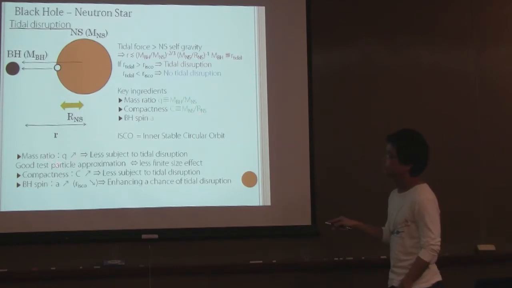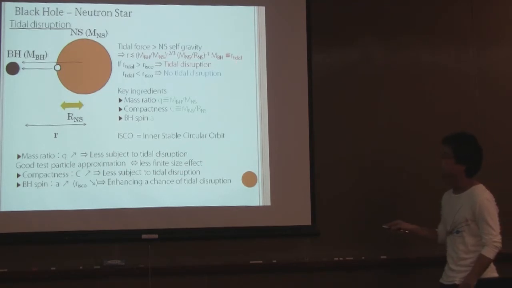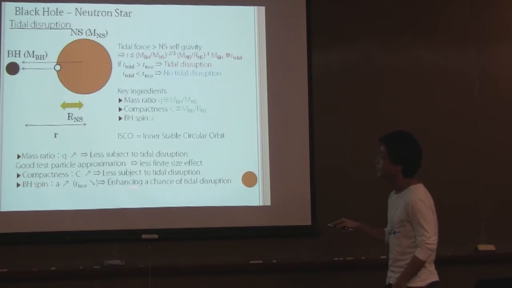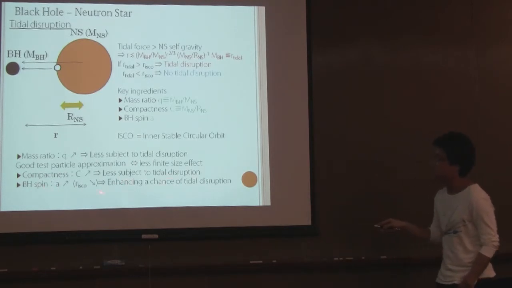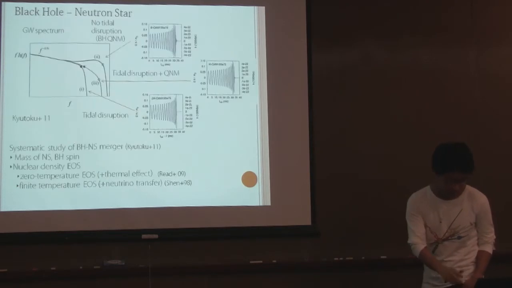Increasing the mass ratio and increasing the compactness, the system is less subject to tidal disruption because of the shrink of the tidal radius. On the other hand, increasing the black hole spin enhances the chance of tidal disruption because of the shrink of the inner stable circular radius.